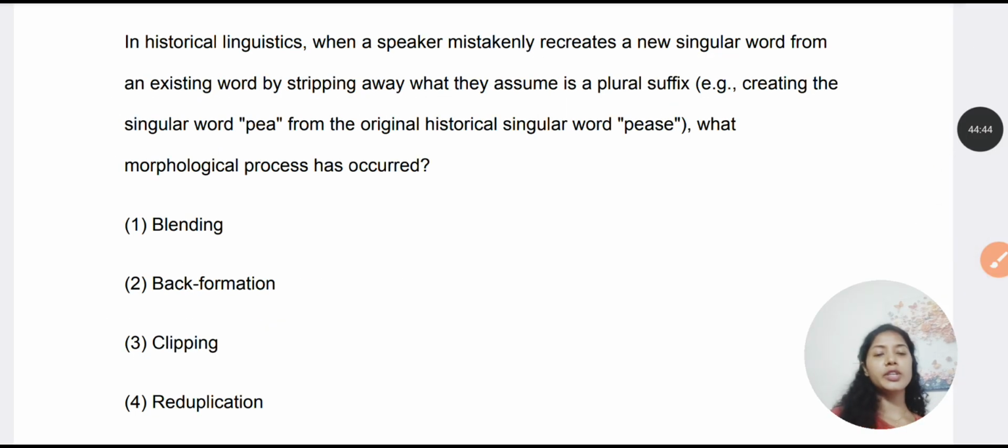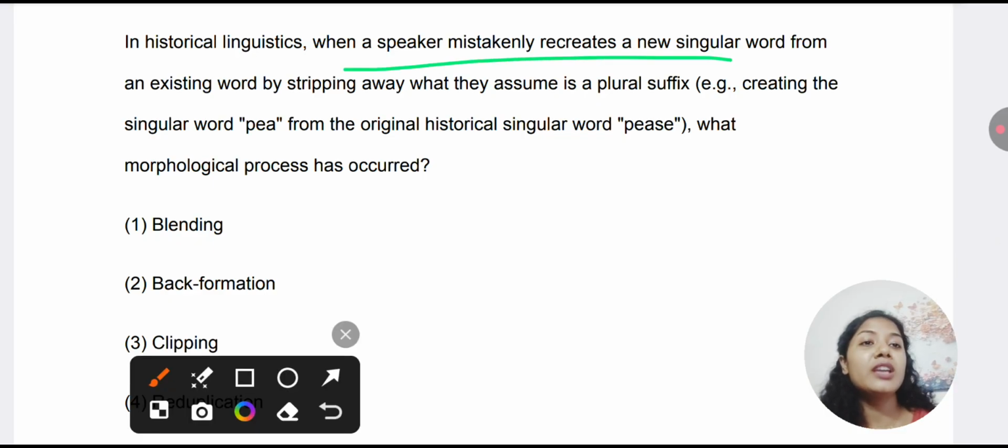Now see, this question is very important, everyone. The question is: in historical linguistics, when a speaker mistakenly recreates a new singular word from an existing word by stripping away what they assume is a plural suffix, that is creating the singular word pea from the original historical singular word pease, what morphological process has taken place here? कौन सा morphological process यहाँ पर use हुआ है while mistakenly recreating a new singular word from the existing one?